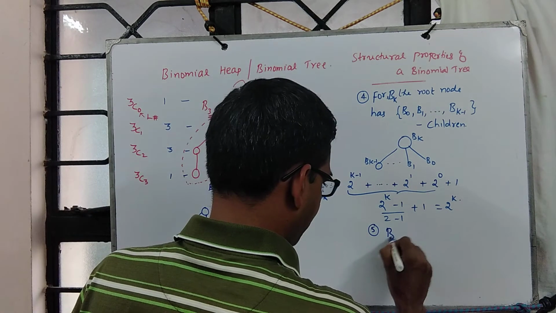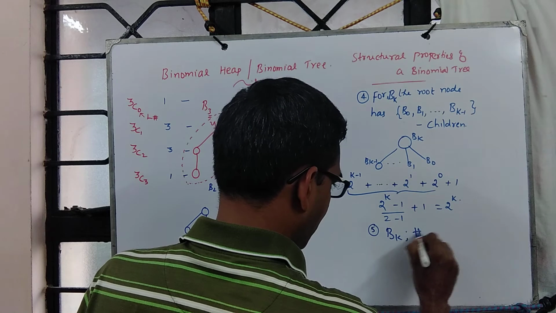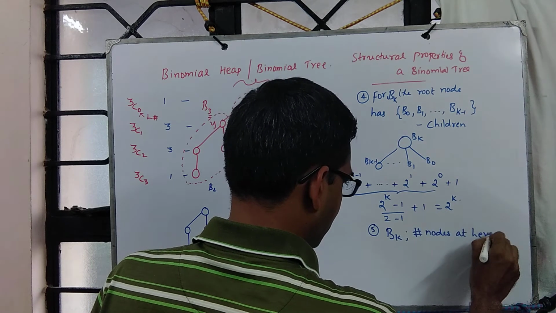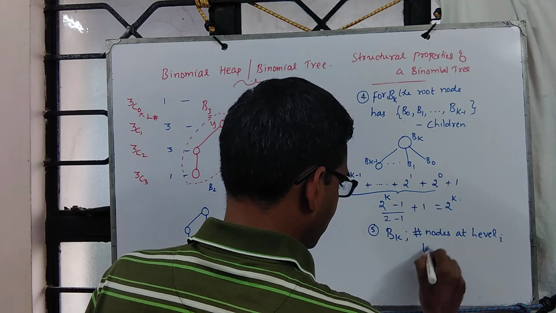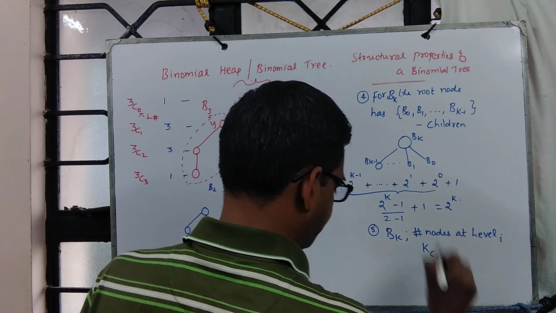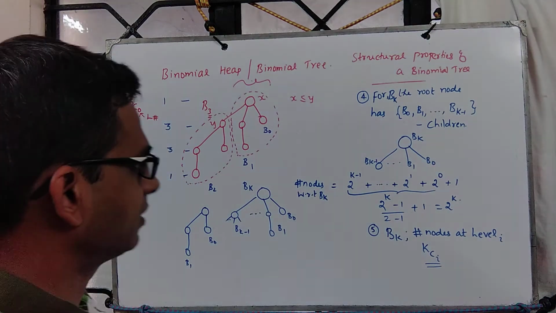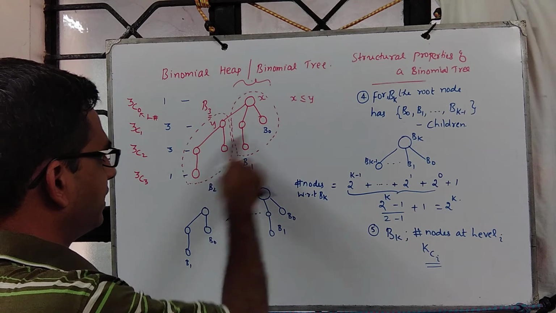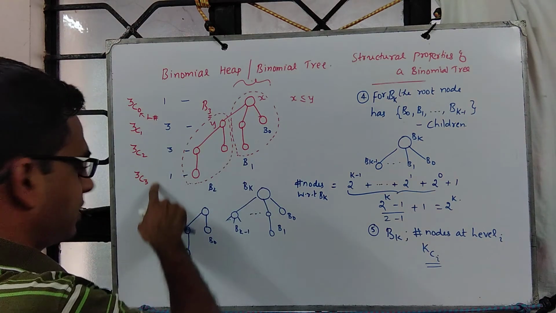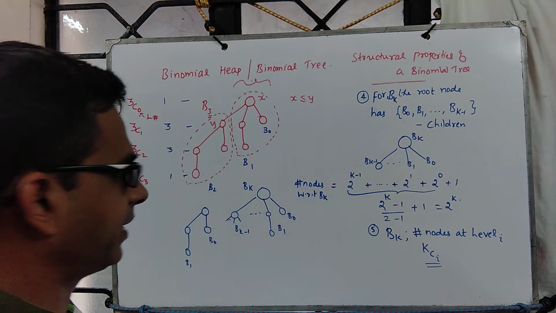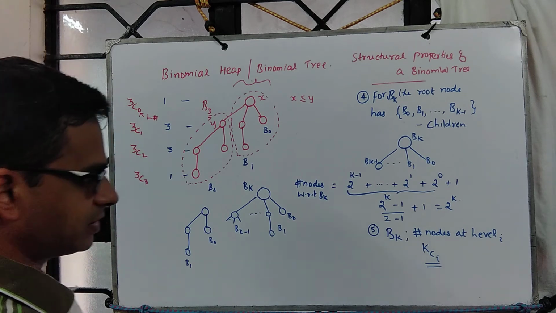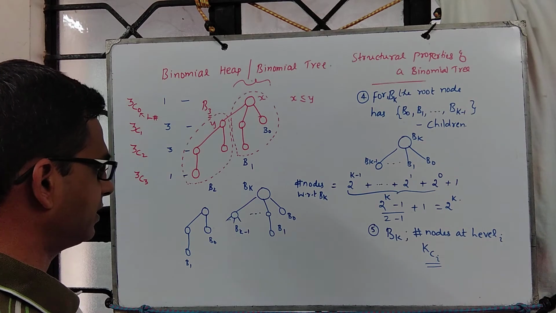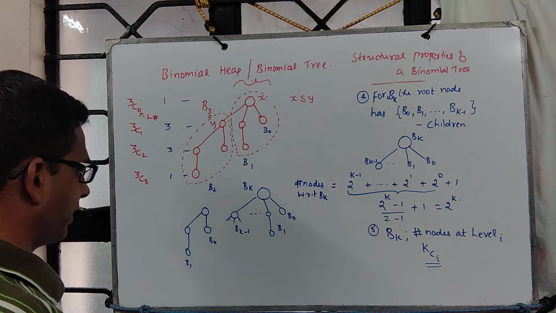So with respect to BK, the number of nodes at level I is K choose I. It is because of this it gets the name binomial heap. The number of nodes at each level follows this binomial pattern, so we link this with the binomial coefficients. It is true for any BK.